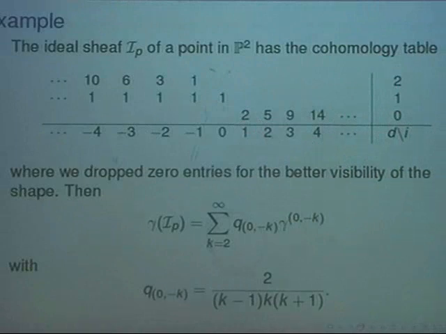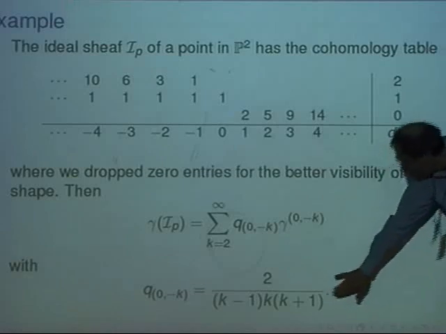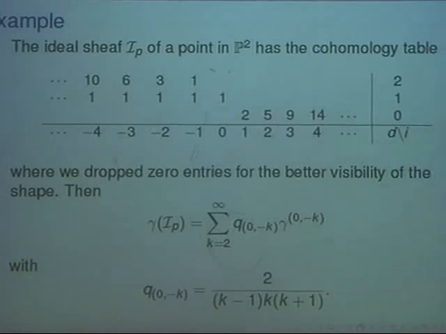Then we can write this as a sum of gamma with some root sequences, and the root sequences which occur here are of the type 0, minus k, which is just two numbers. And the q's are these rational numbers.